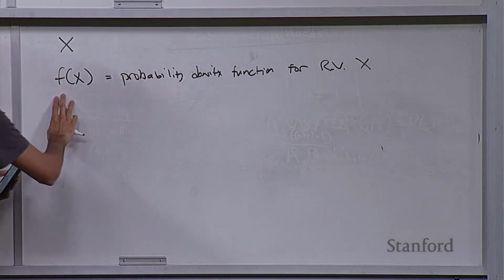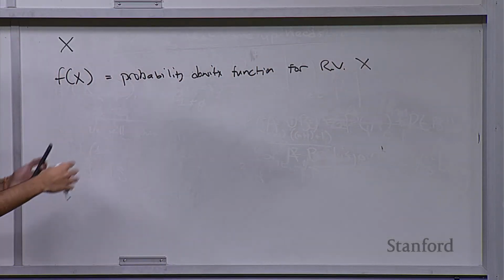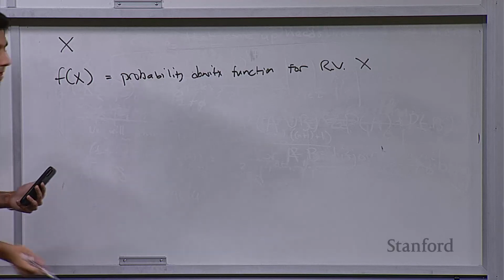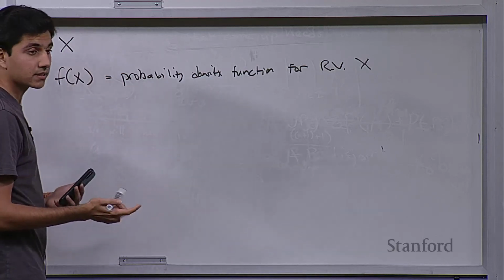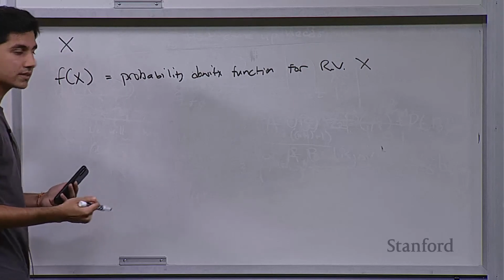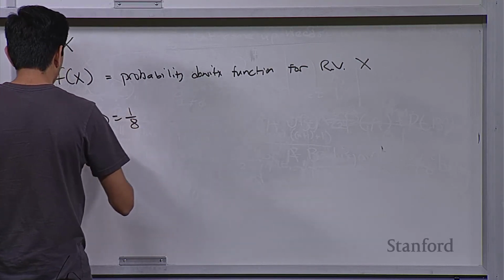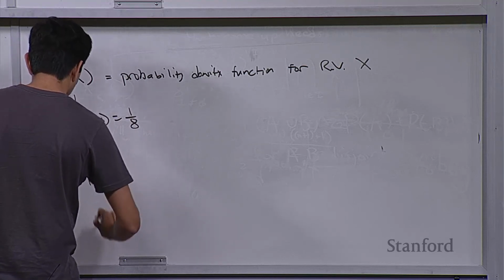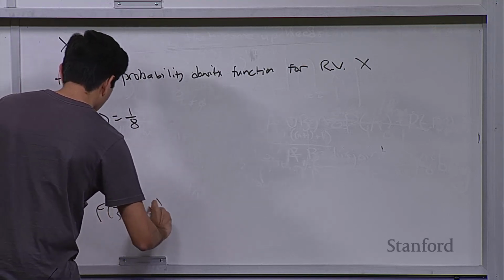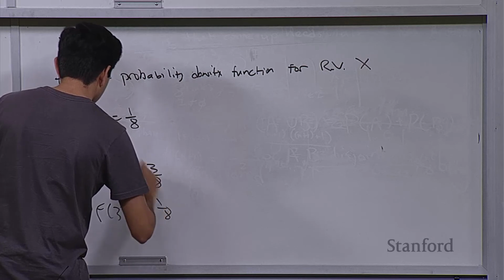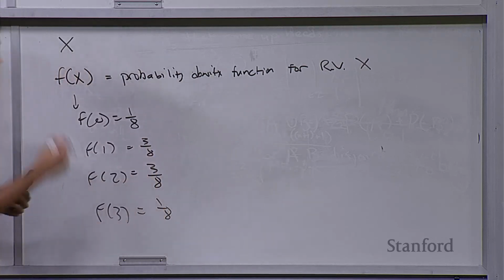What this means is that f of x defines the distribution of x over all of its possible values. So for x being the number of heads that are obtained after 3 coin tosses, f of 0 is 1/8, f of 1 is 3/8, f of 2 is 3/8, and f of 3 is 1/8. So basically, f defines the probability distribution of all the possible outputs that x can take.